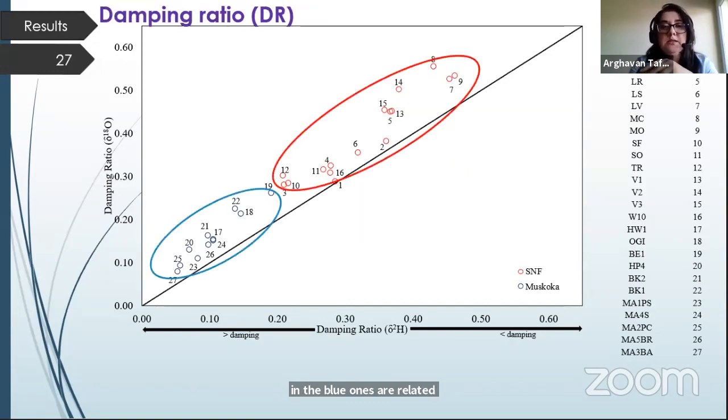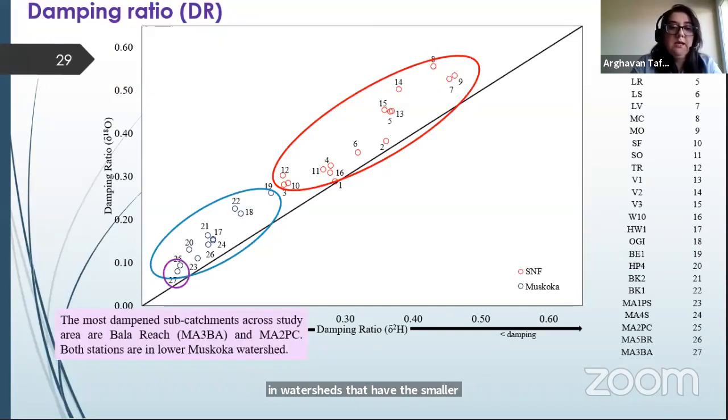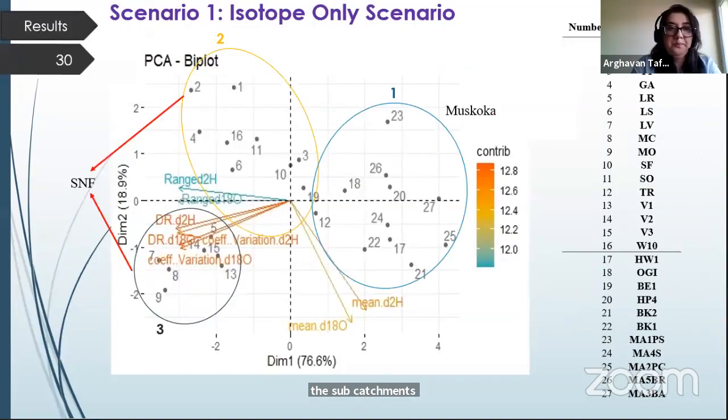You can see that these two watersheds are completely separate from each other in the damping ratio graph. Also, the least damped stations were three in SNF watersheds that have smaller drainage areas too. And the most damped subcatchments were two subcatchments that were in lower Muskoka watersheds.